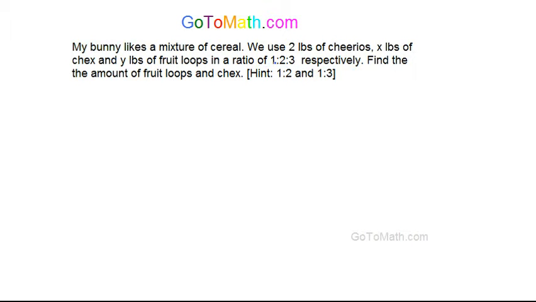In other words, this number here is 2 pounds of Cheerios, and then this number would be Chex and Fruit Loops. Okay, and he also likes Count Chocula and a bunch of others, but I just threw in these are his favorite.